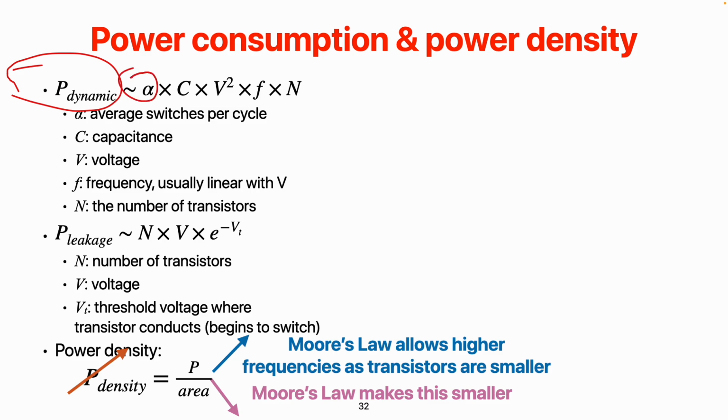Alpha means the average switching rate, C means the capacitance of each transistor, voltage squared means the supply voltage, and F means frequency. So as you can imagine, if we are able to lower the voltage or the frequency going into each transistor, we are able to reduce the dynamic power.